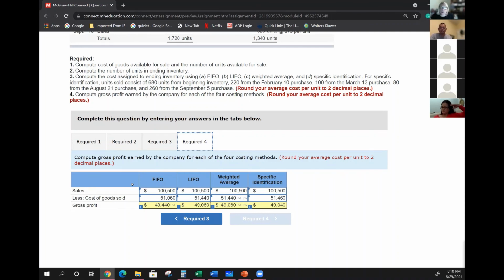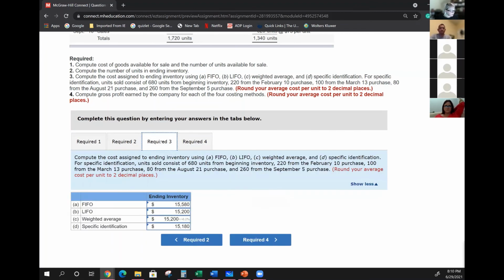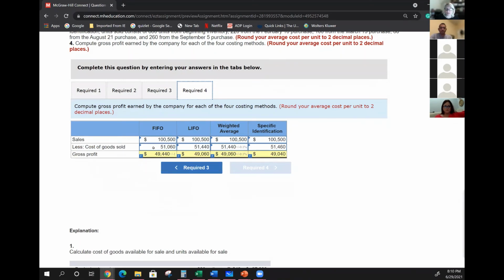And then depending on the method is how it's going to get costed on the sales side and what's going to be left in ending inventory. So you can go back to your table and see what was my available cost, go back to 3 and look at what the ending inventory is and just deduct it. The difference is what you're going to have as your cost.